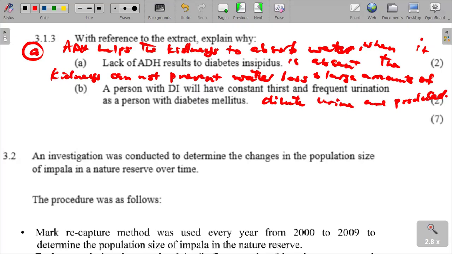Question B is saying a person with DI will have constant thirst and frequent urination. Explain why a person with DI will have constant thirst and frequent urination, as a person with diabetes mellitus.